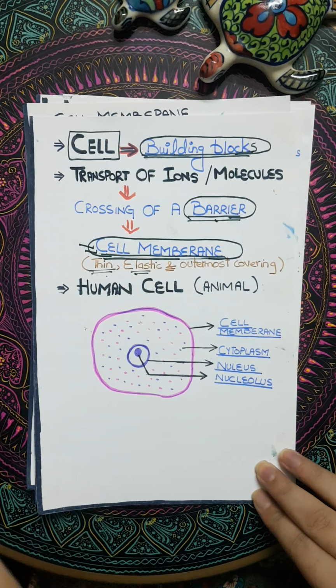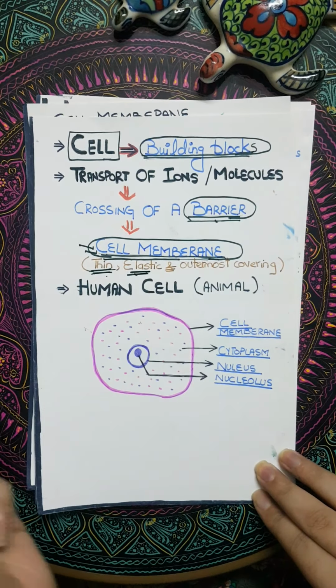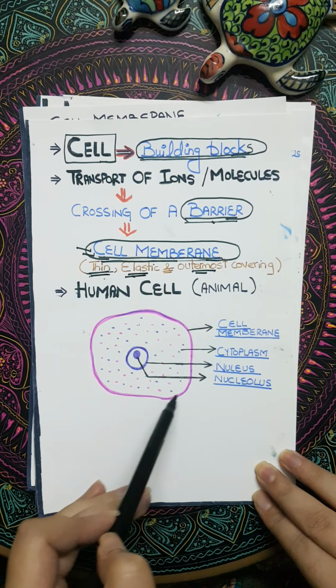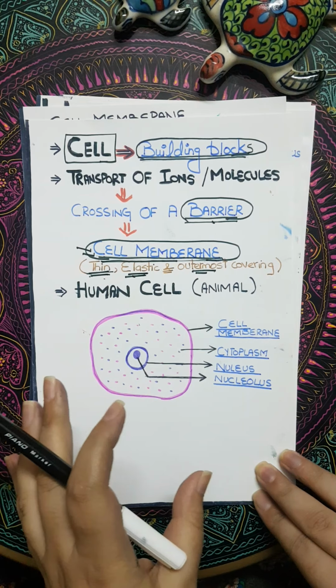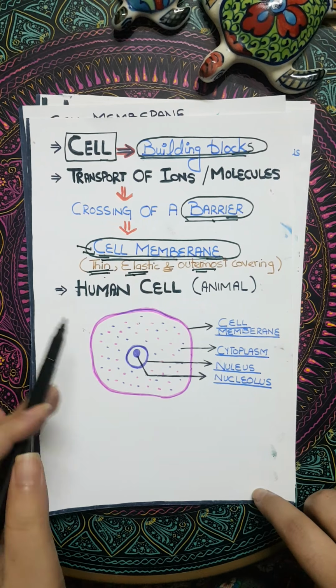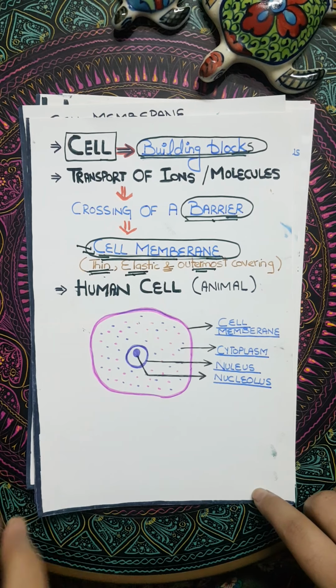Now, the cell membrane is a thin and elastic membrane, and it is the outermost covering of a cell which separates an individual cell from its surrounding environment, which is the extracellular environment.